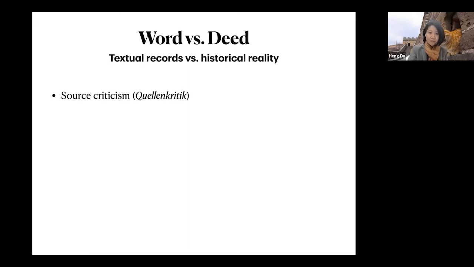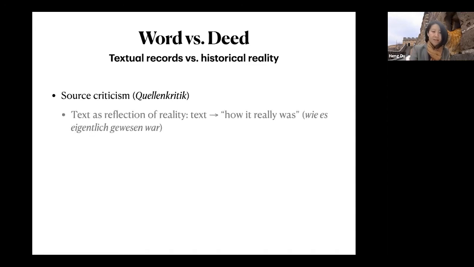I think most of us, in learning to study the past, learn one way or another what might often be referred to as source criticism, right? So thinking about how closely you can use textual sources as a reflection of a historical reality that you're trying to understand, right?